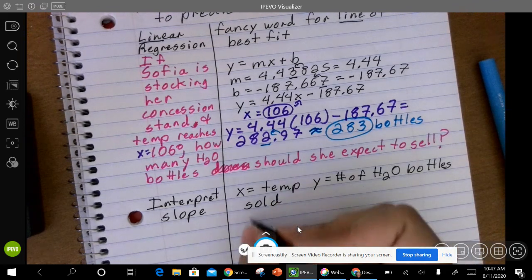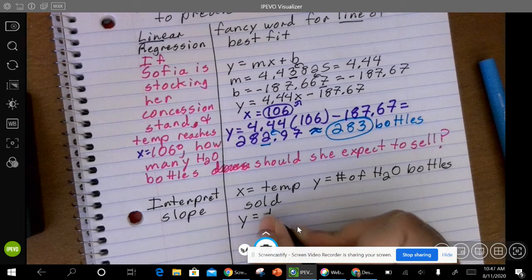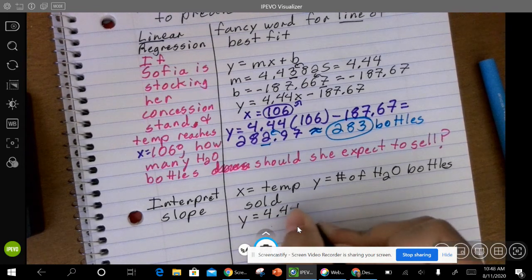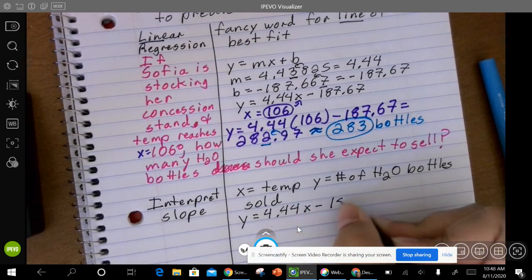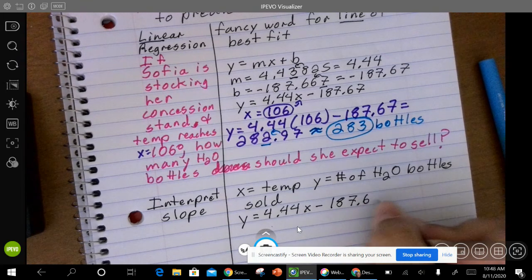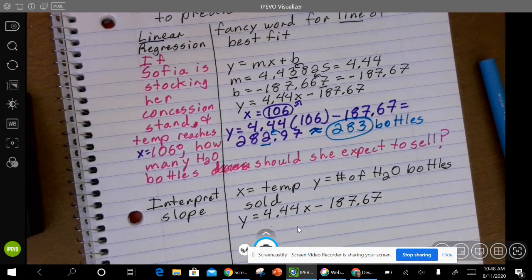So we have our equation again: y is equal to 4.44x minus 187.67.